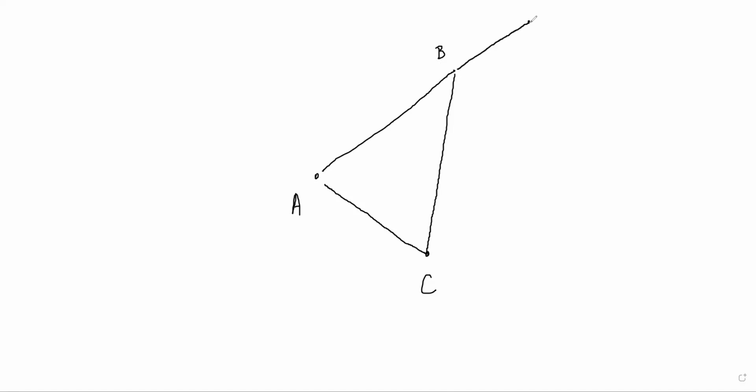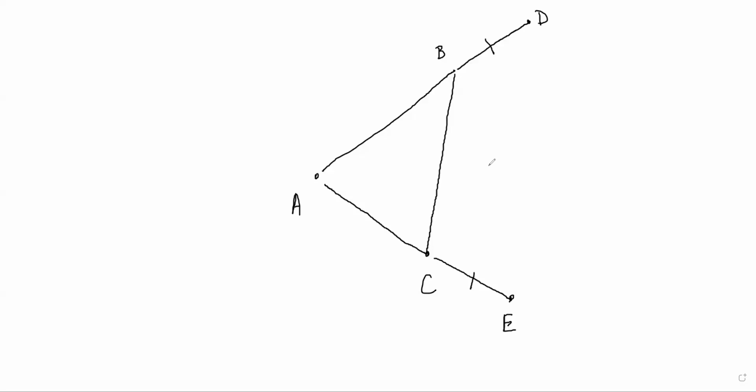So let's draw A here like this and B somewhat like this, and similarly C here like this. The reason why we are choosing it like this will become apparent soon. So this is my triangle ABC, and we extend B to D and we extend C to E. It is given that CE is equal to BD.